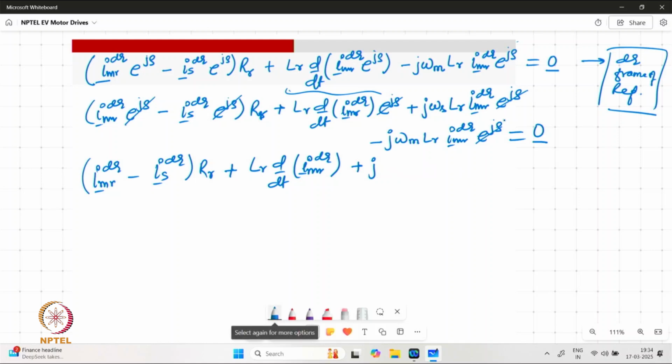So the last two terms can be combined as j times of (omega s minus omega m), and the rest of the quantities are basically common.